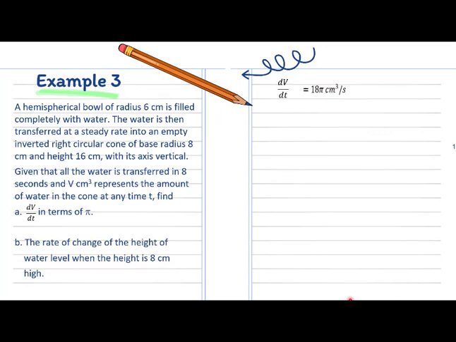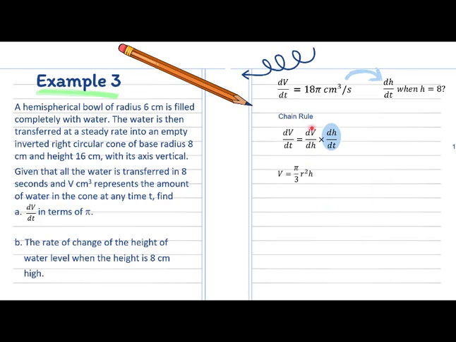Next, since we already know that dV/dt is 18 pi cubic centimeter per second, we will calculate dh/dt, the rate of change of the height, when h equals 8. We will use the chain rule so that this dV/dt can be used to calculate dh/dt.